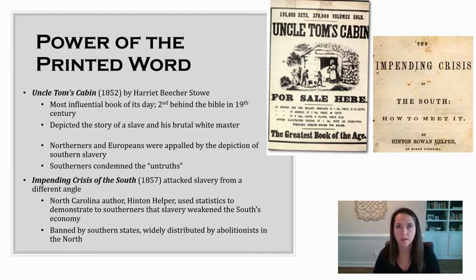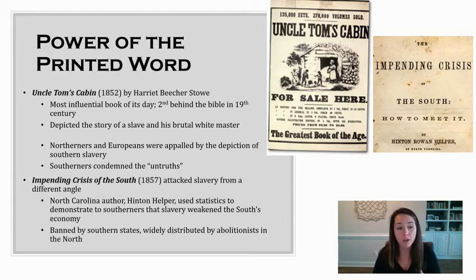Whether it was 100% accurate or not, Southerners said that it's not like that at all. We know that there are examples, though, of slave owners brutally treating their enslaved population. But it put a face, if you can imagine, as they're reading this story, it put a face with the institution, where for a long time it was out of sight, out of mind.